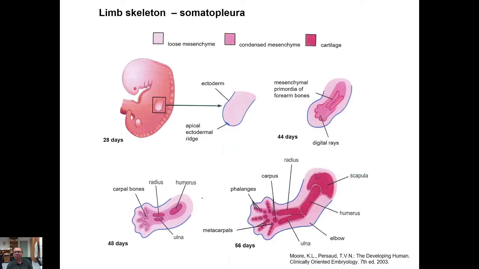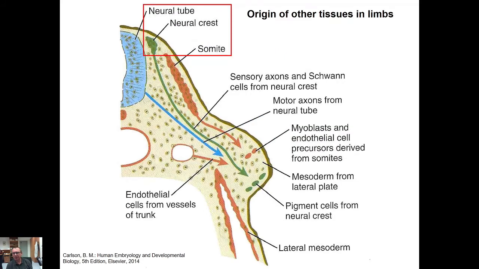Okay, skeleton, that means bones, cartilages, joints of the extremity, is from the somatopleura, somatic lateral mesoderm, but the extremities have got other tissues also. There are nerves, there is skin, there are muscles.